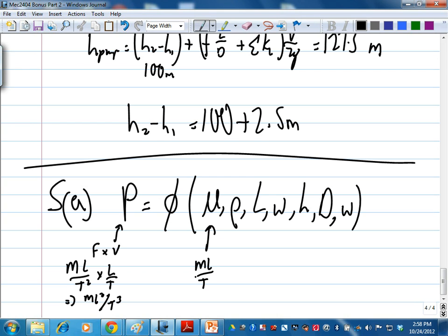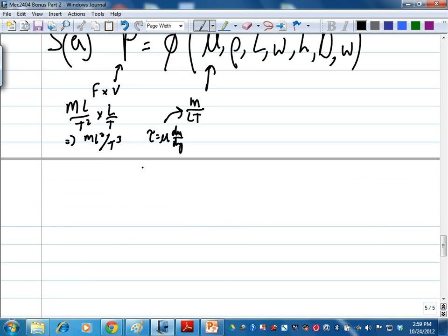What's this one? Viscosity has dimensions of M over L T. Shear stress is M over L T squared. But if you don't know, shear stress equals mu du on dy. Shear stress is force per unit area.